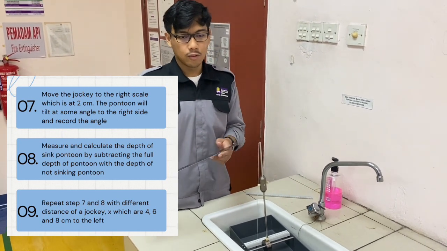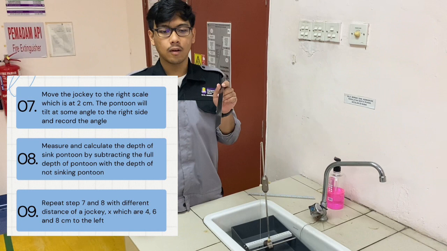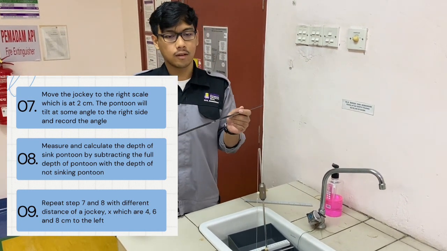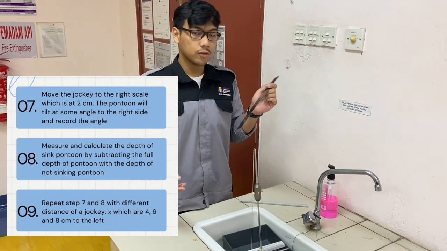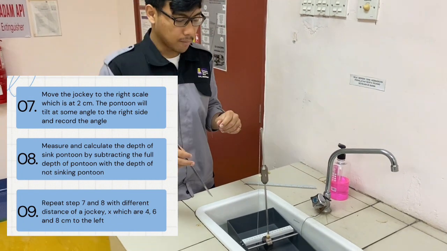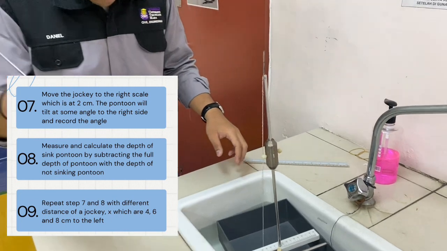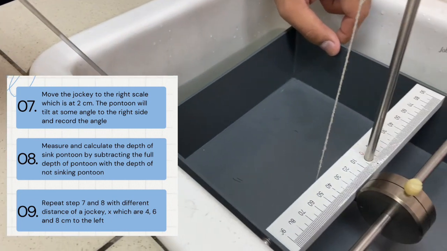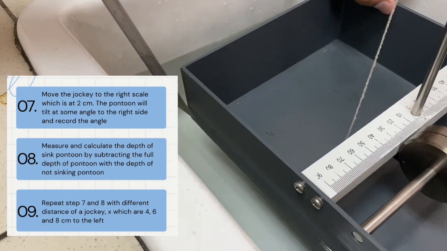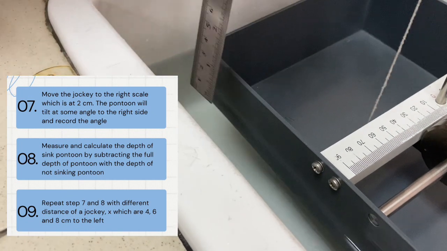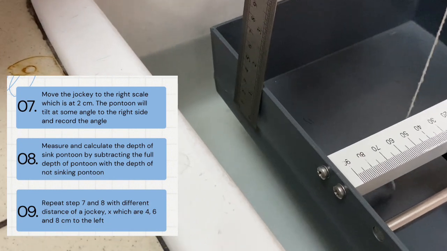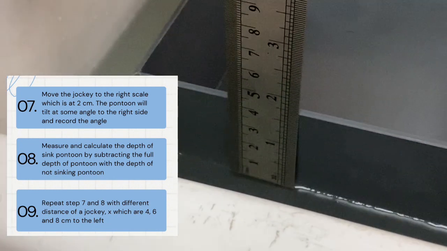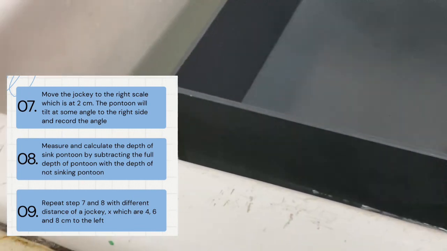Then to measure the depth of the sunk pontoon, we need to calculate the depth of the pontoon that is not sinking. What we'll do here is take this ruler and go to this side and measure the length that is not sinking, which is around 4.4 centimeter.